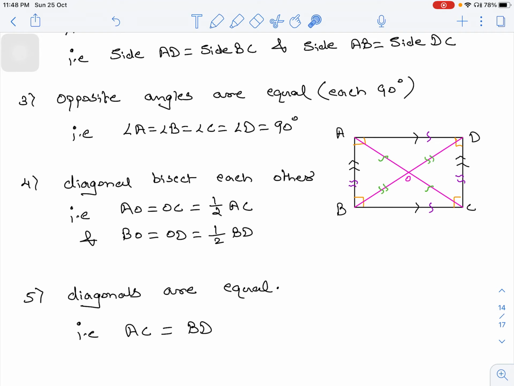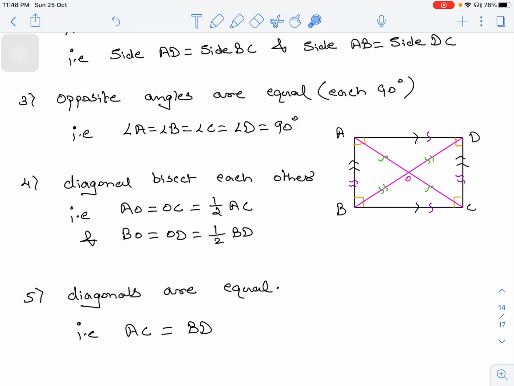Each one of them is half of the original one. So AO equals OC equals half of AC, and BO equals OD equals half of BD.